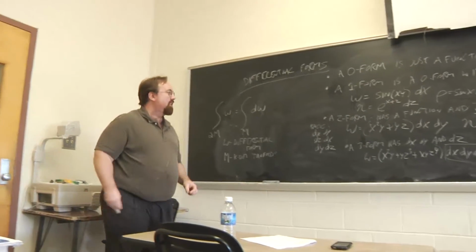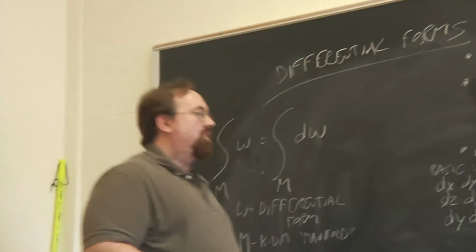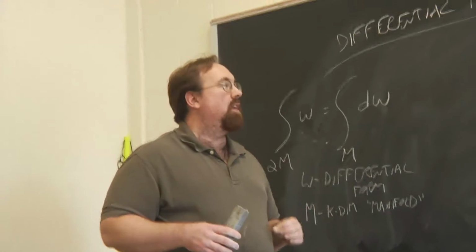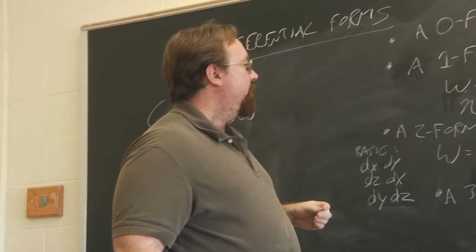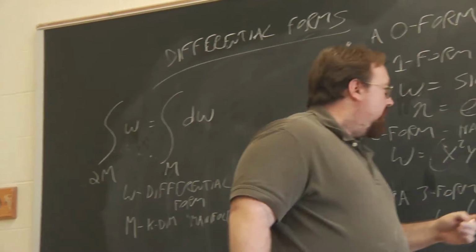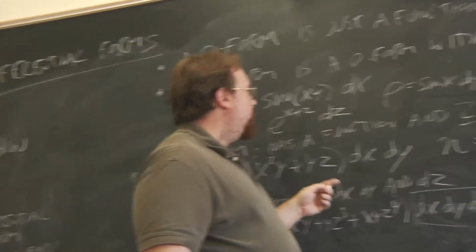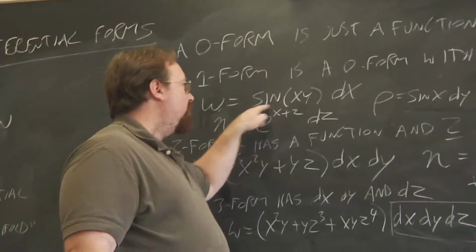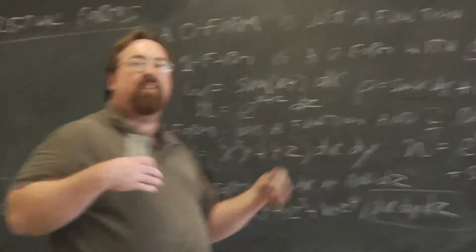Now, this is where things start to get a little weird. Because we only have one operation so far in these forms, just adding them. But in order to really make use of these things, there's a couple other things that we need to be able to do. We need to be able to multiply forms together. Because you can think of this, for instance, as a product of the function sine of xy and the basic form dx. So concatenating together like that, you could think of as multiplying.